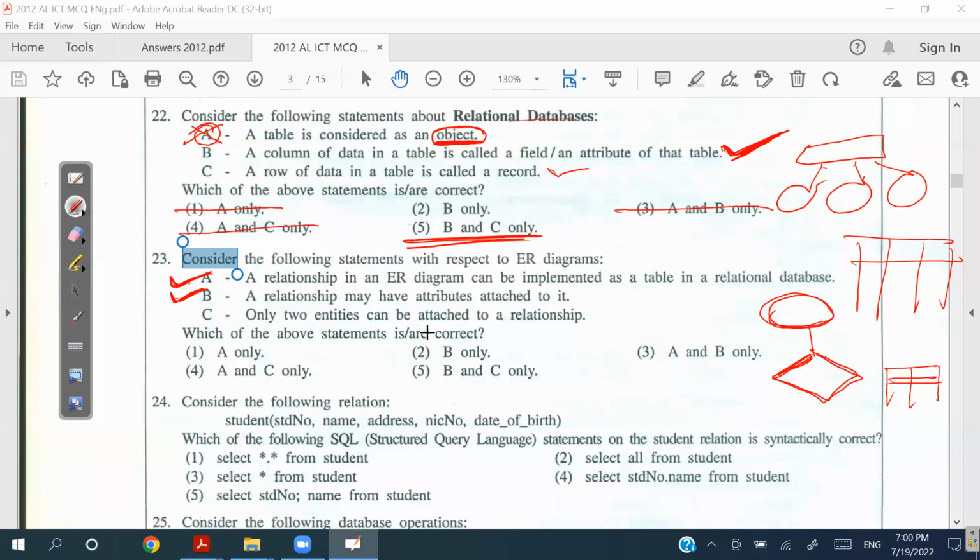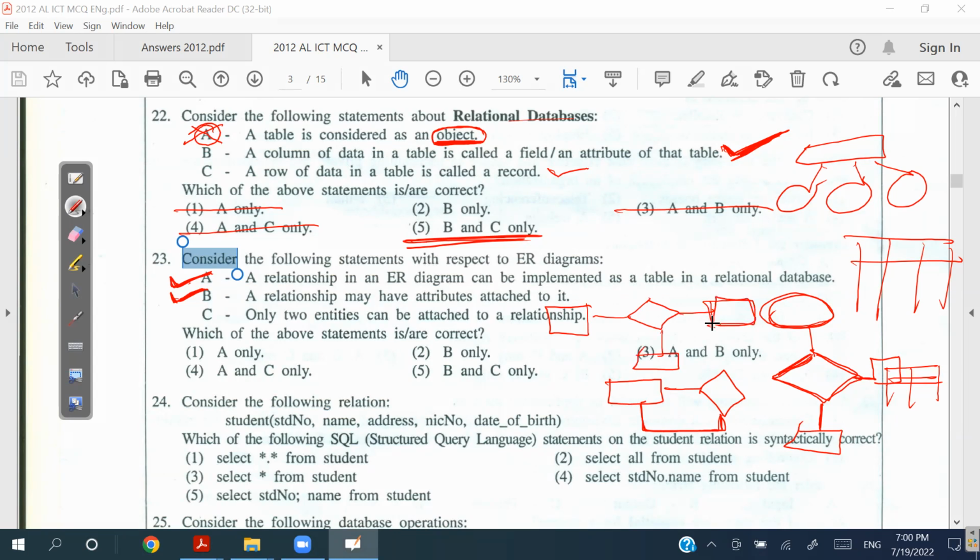Only two entities can be attached to a relationship. No, that is wrong. You can attach just one entity to a relationship, which we call a unary relationship. You can attach two, which we call a binary relationship. You can attach three entities as well, which is called a ternary relationship. So you can't say only two entities can be attached. That is wrong. Right, hold on.